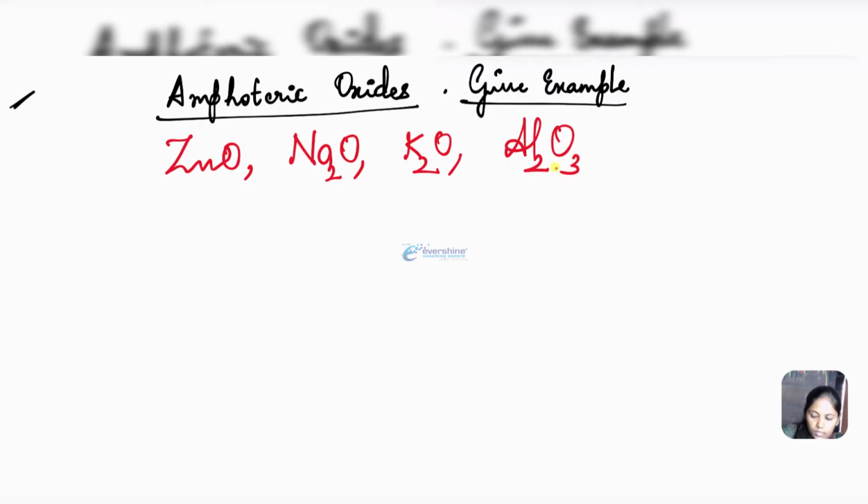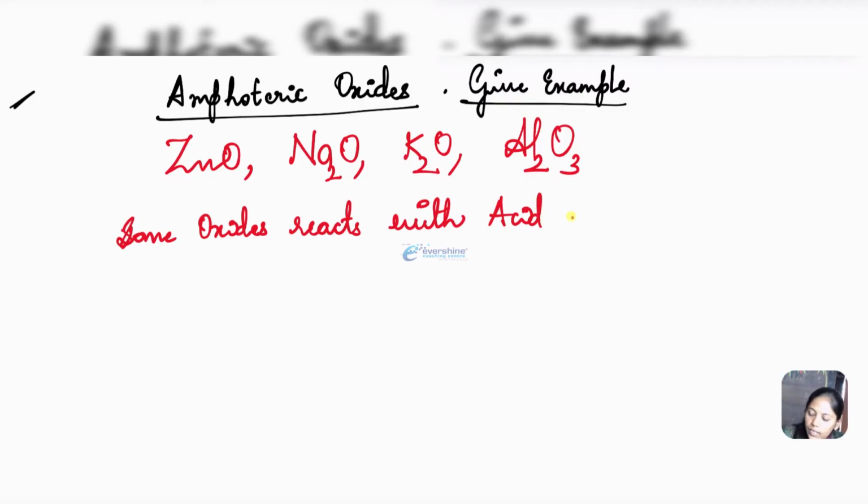These are all called amphoteric oxides. Why are they called amphoteric oxides? Because these oxides react with acid as well as base and form salt and water.